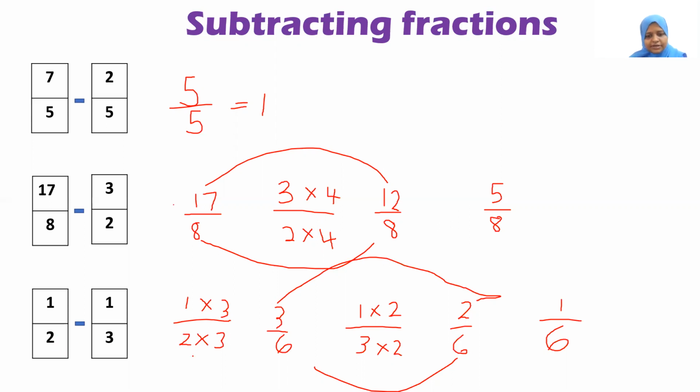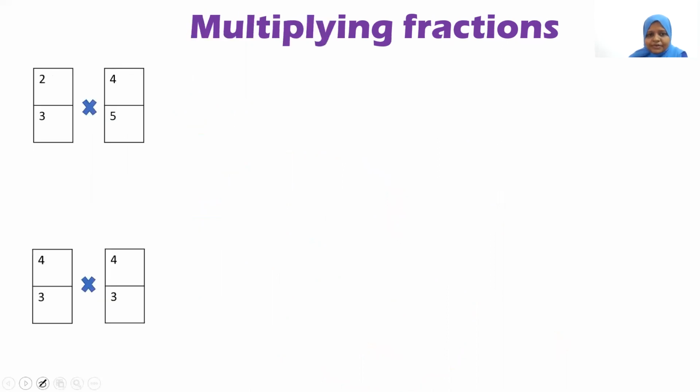This is the easiest method. Don't come to the conclusion that you multiply this by this and this by this. This is also an easy method: 2 times table, 3 times table, which is the common number you get there. Simple as that, right? And we'll move to the next one.